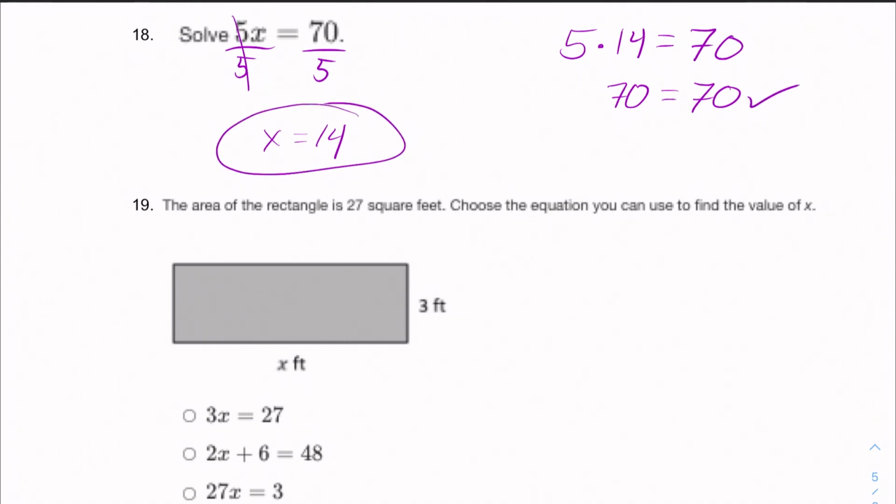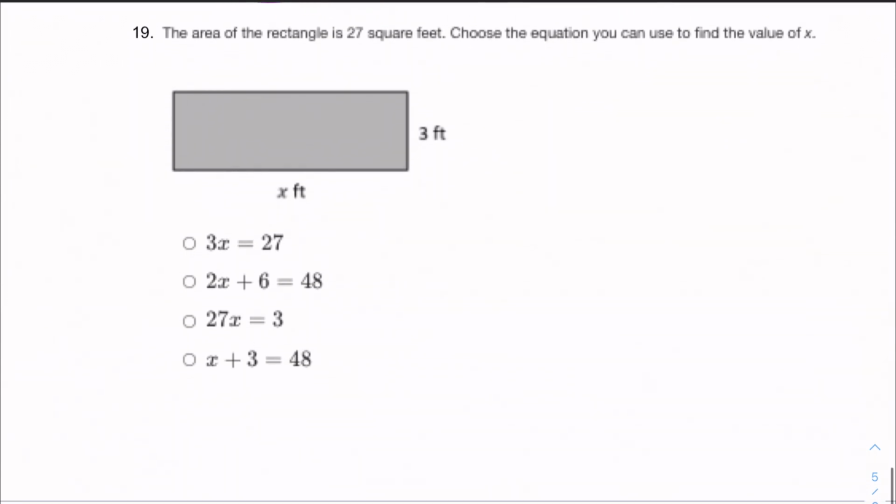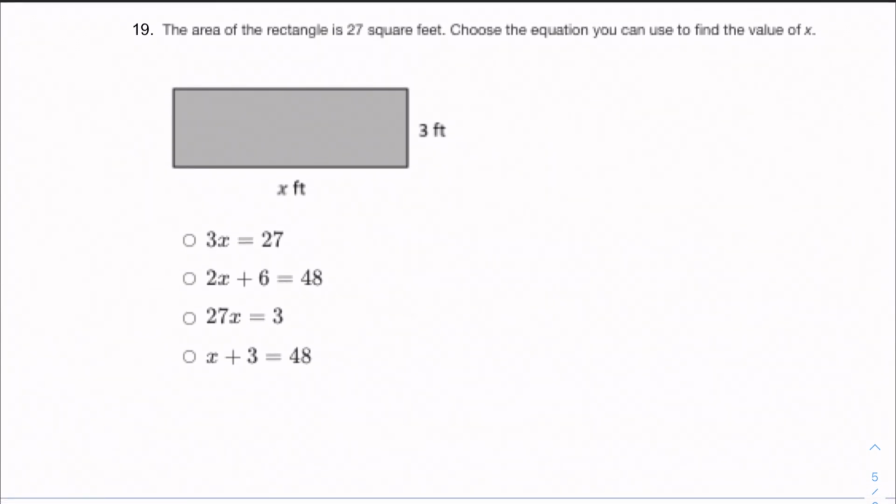Almost done. Number 19. The area of the rectangle is 27 square feet. Choose the equation that you can use to find the value of x. So it tells me that the area here is 27 square feet, and I know the area is equal to length times width for a rectangle. So I know that my area is 27, and my length is x.